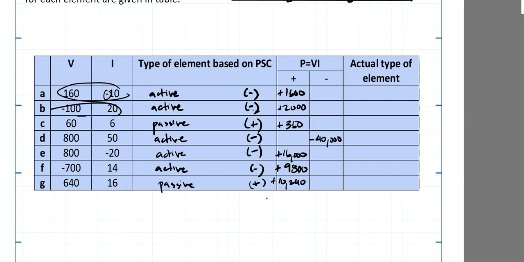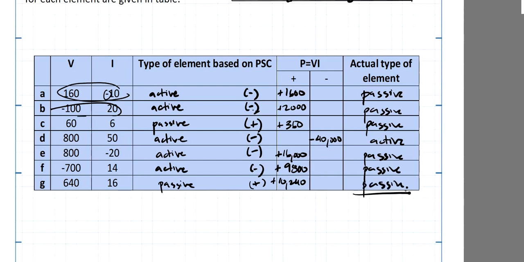Right, so now we are going to specify the actual type of element. Since this is positive, that means that this element should be passive, right? So this one will also be passive, and this one will be active, passive, right?